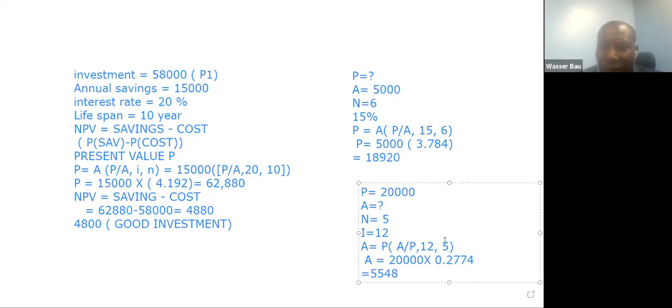If I cannot save this amount of money per annum, it means I cannot break even at 12%. It means that project is not self-sustainable. So this value is telling you that this is what you must make.